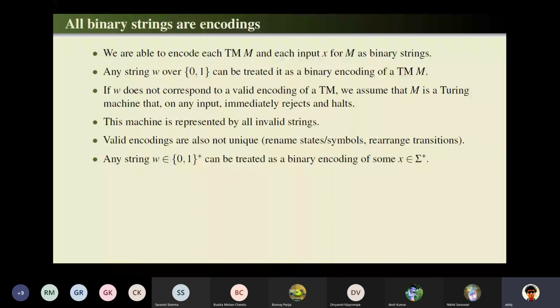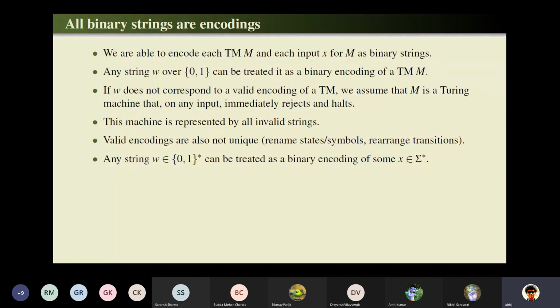If you look at that encoding, it is 0 power the number that we have given for the first symbol, followed by 1, 0 power something followed by 1, and so on, right? That, for a given Turing machine, may be out of range.